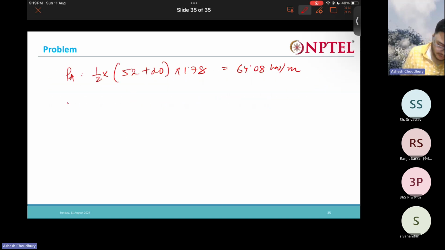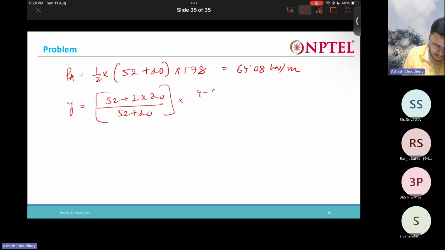Then y, you can find out, is nothing but the centroid of the trapezium. The base.